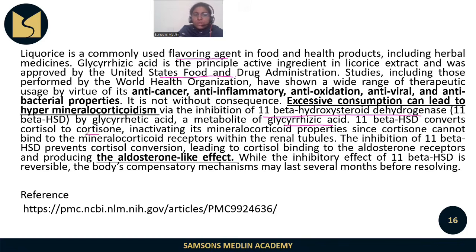Once cortisone is formed, it inactivates the mineralocorticoid properties, since cortisone cannot bind to the mineralocorticoid receptors. The inhibition of 11 beta HSD prevents cortisol conversion, leading to cortisol binding to the aldosterone receptors and producing the aldosterone-like effect. Hope it is clear now.